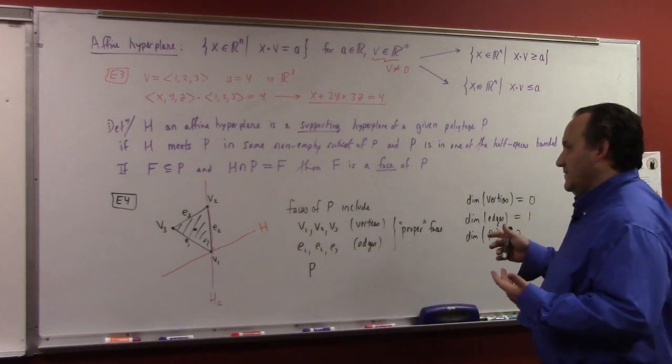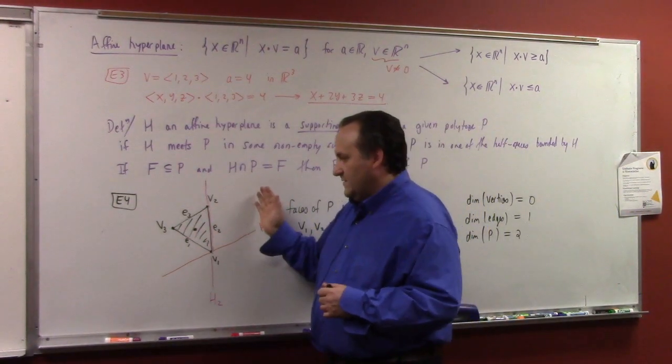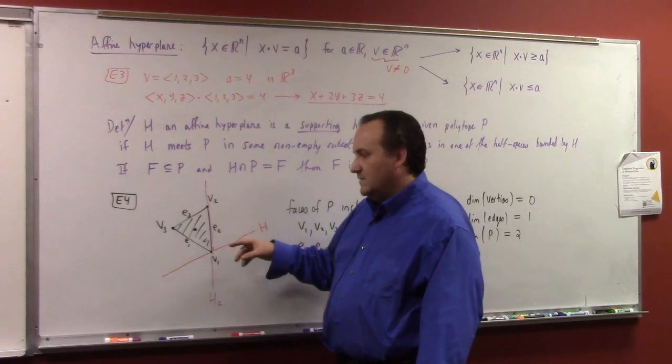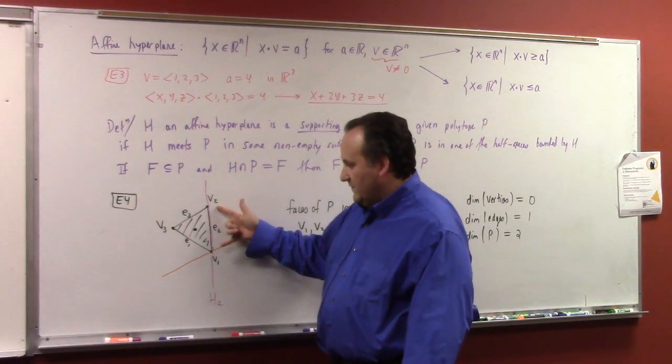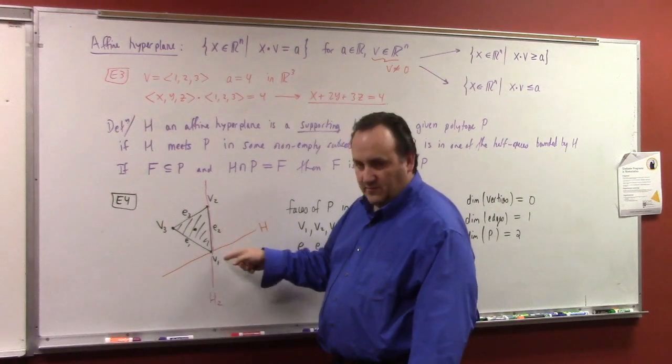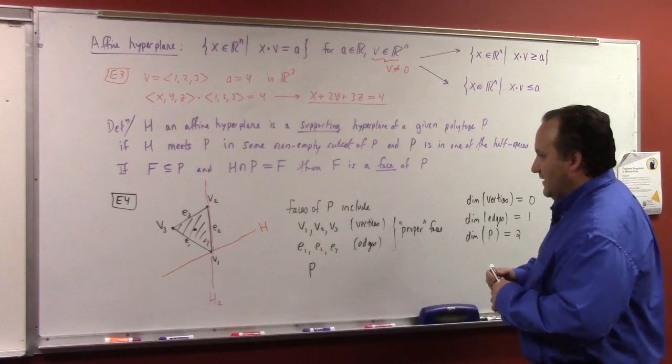Like here, the convex hull of all 3 points is the triangle. The convex hull of points V1 and V2 is edge 2, which is one of the faces, right? But this continues to be true in higher dimensions.